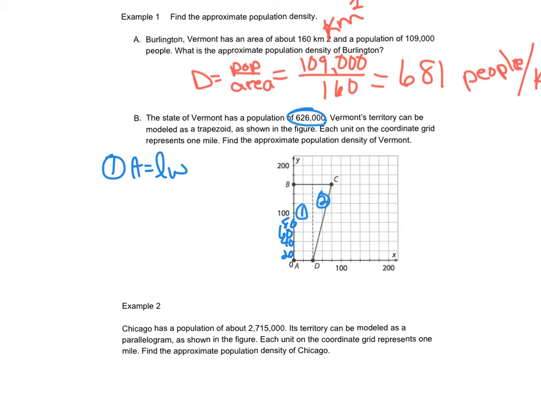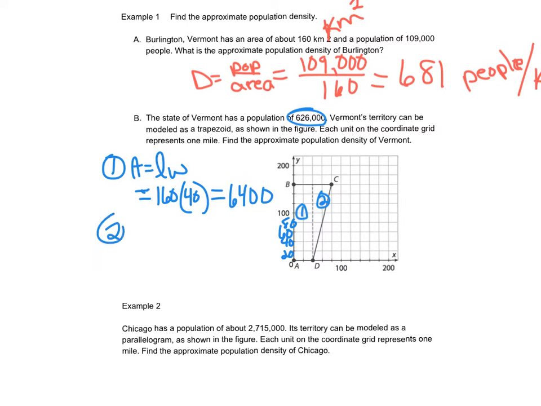So the length is 160, and the width is 40, which gives me 6,400.